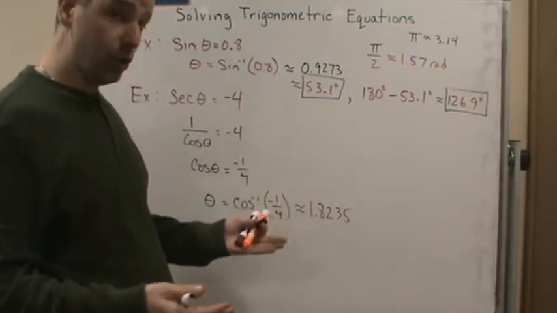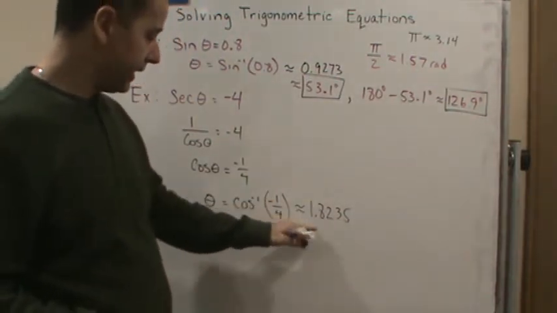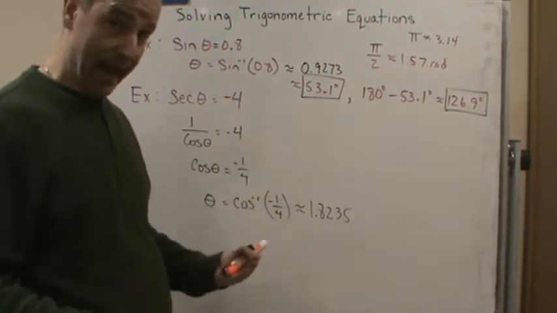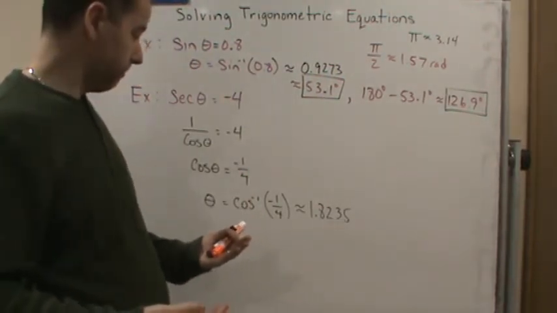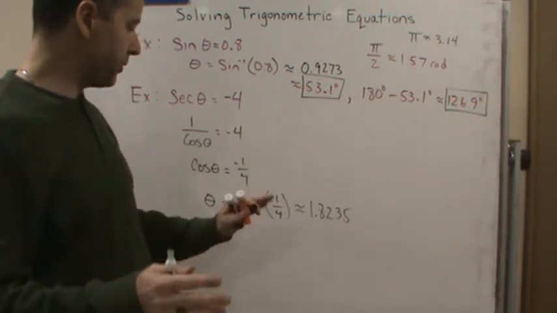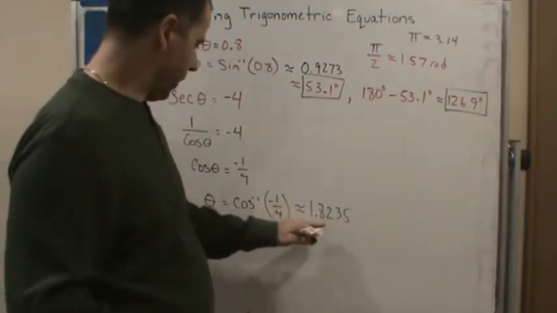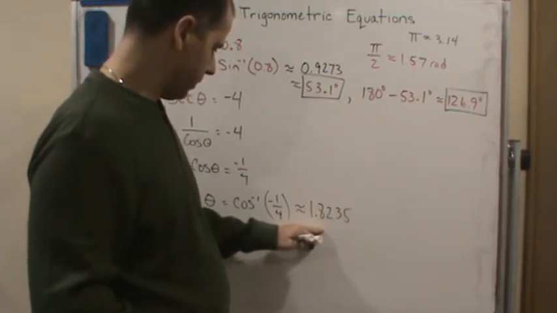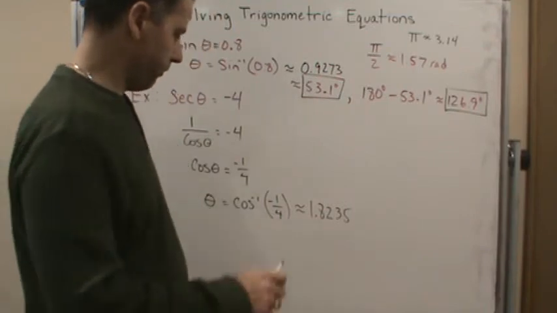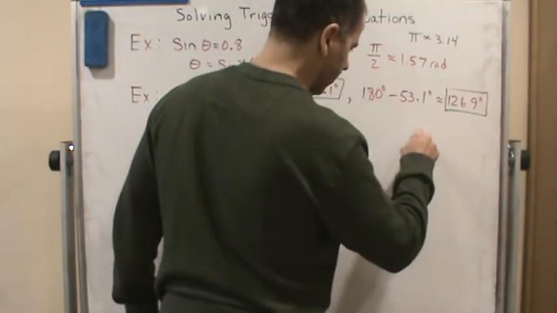So all we have to do is take this and add it to pi. Or no, I'm sorry. Let me think about that. So this is in the second quadrant. Okay, so let's draw it out.